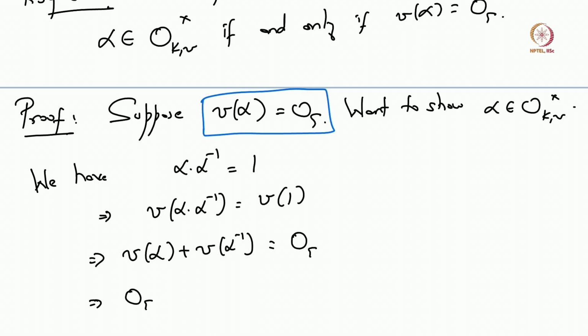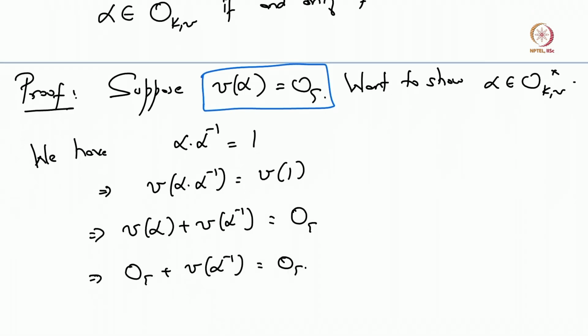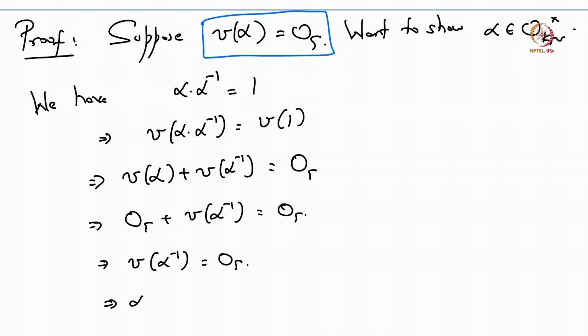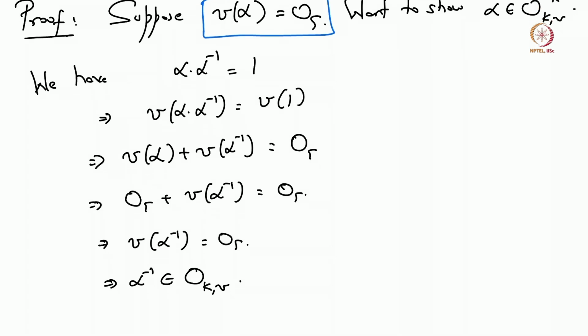So we have that the identity element of gamma plus the valuation of alpha inverse equals the identity element of gamma, which means that the valuation of alpha inverse is the identity element of gamma. And so this means that alpha inverse, by definition of the valuation ring, should belong to OKV. So the inverse of alpha also belongs to the ring.